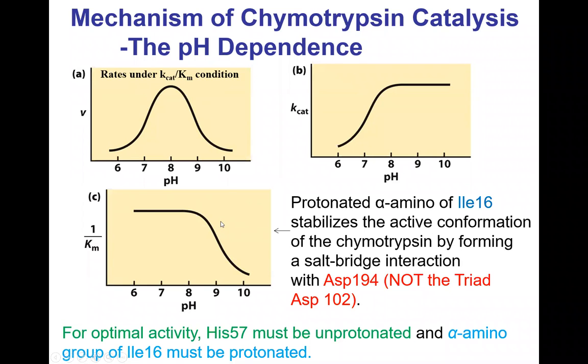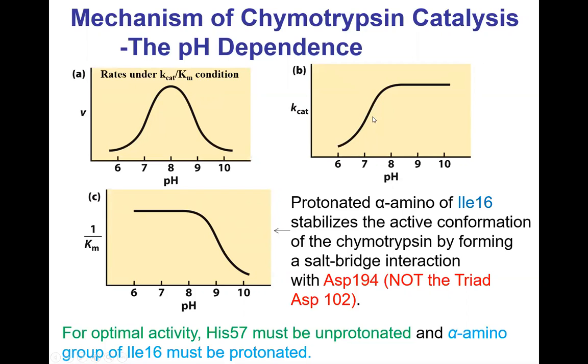It turns out that scientists were able to go back and figure out what those residues are. Those two pKs you see here in the pH profile, those two residues that you are seeing the transition for in both the kcat and 1 by Km plots. The kcat one is for histidine 57.